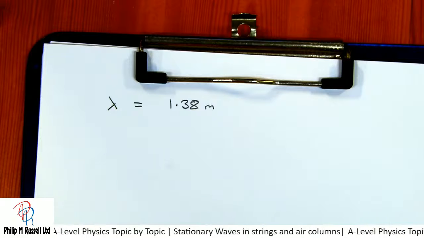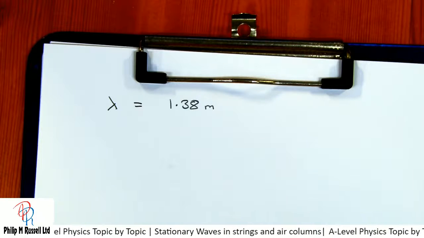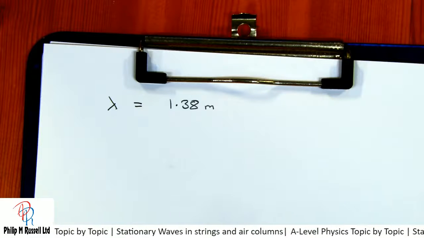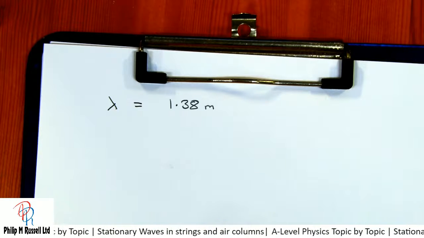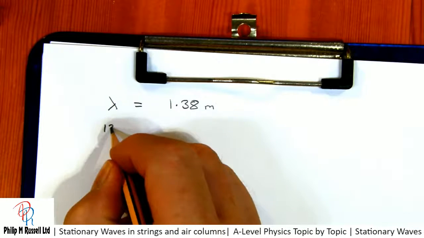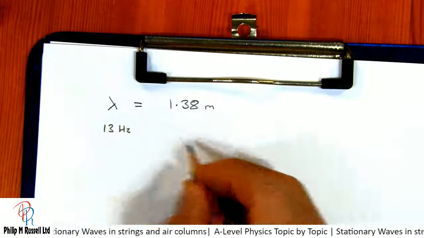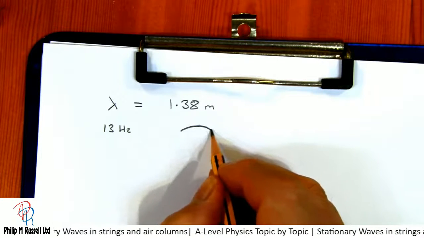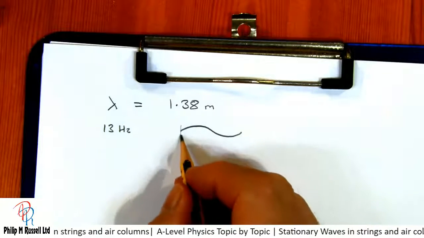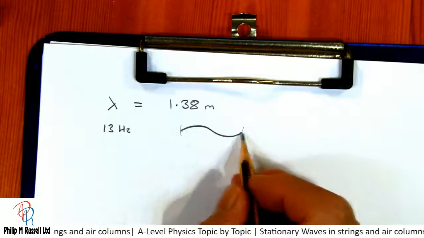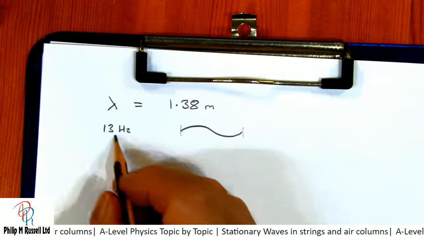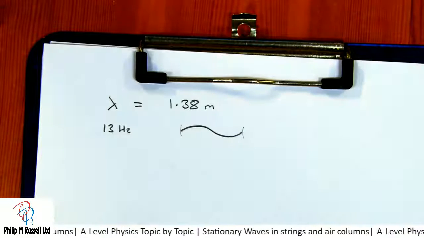And we know the fundamental frequency of this string, and that's around about 13 hertz. That gave us this basic shape from one end to the other, which is one full wavelength. So 1.38 meters, and that gave us 13 hertz.